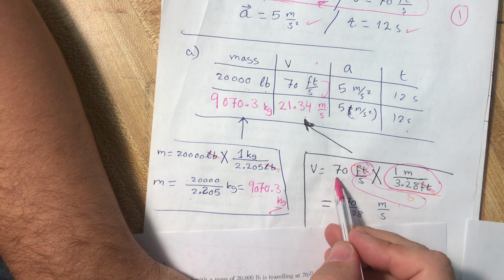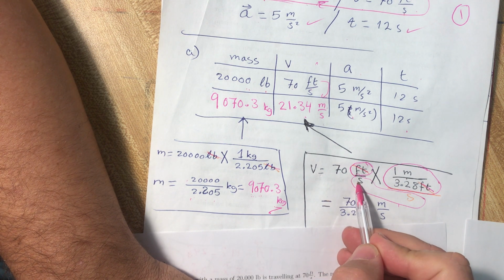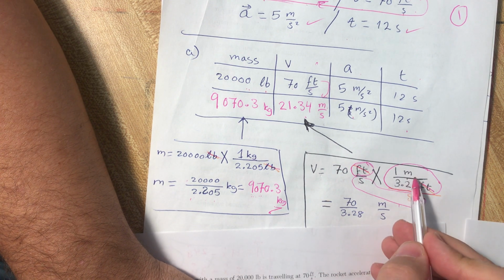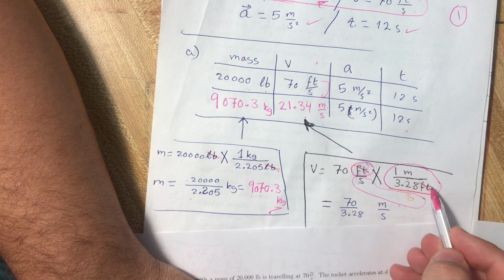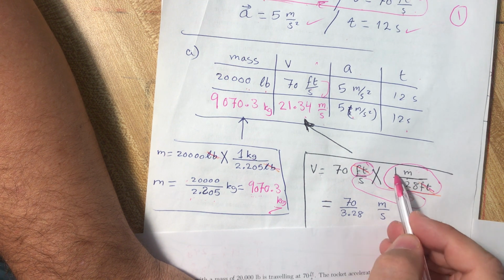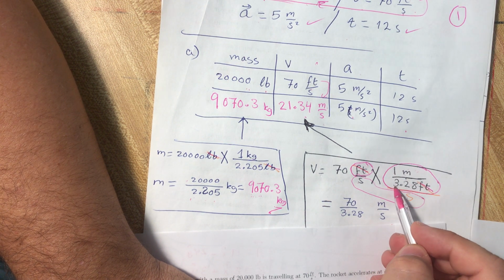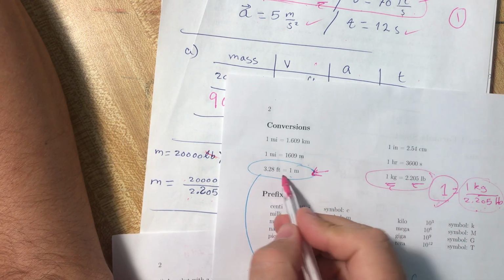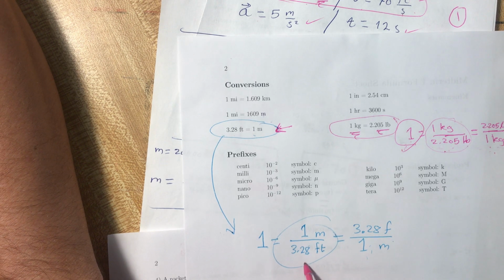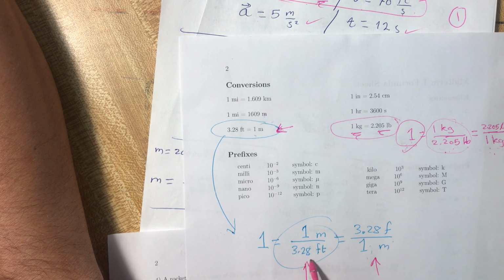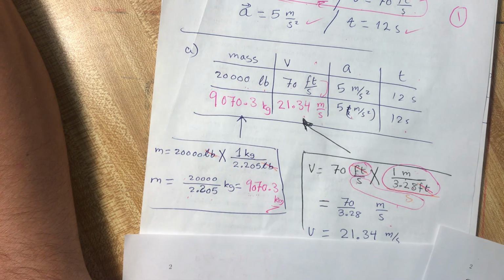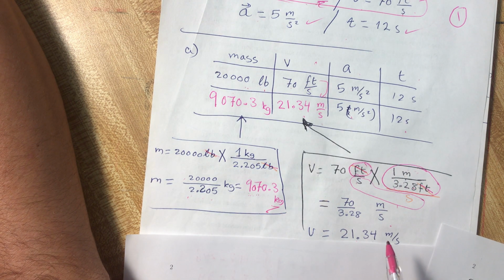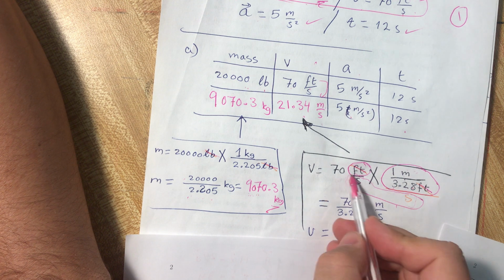So 70 feet per second, we will multiply it by meters per feet, which is 1 meter equal to 3.28 feet. This exists here. We use this conversion coefficient. We need to use this one to cancel the feet from here and the feet from the given value, and the second will stay the same.